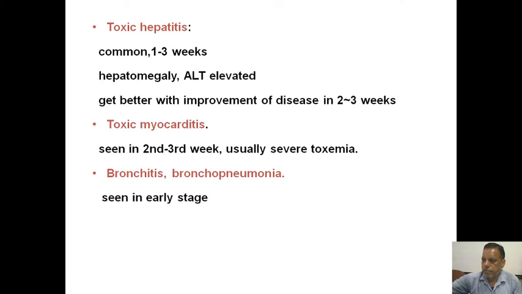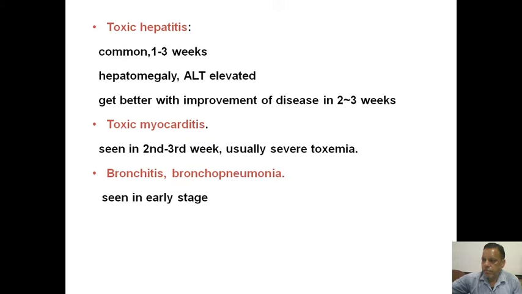Toxic hepatitis might appear as well. Typically, it happens in the 1 to 3 weeks of symptom onset, and it is characterized by hepatomegaly. So clinically you will get hepatomegaly, and there will be transaminitis in the form of raised SGOT, SGPT. Usually the toxic hepatitis improves within 2 to 3 weeks. Toxic myocarditis may be seen around the same mark, 2 to 3 weeks, and usually the patient is having severe toxemia.